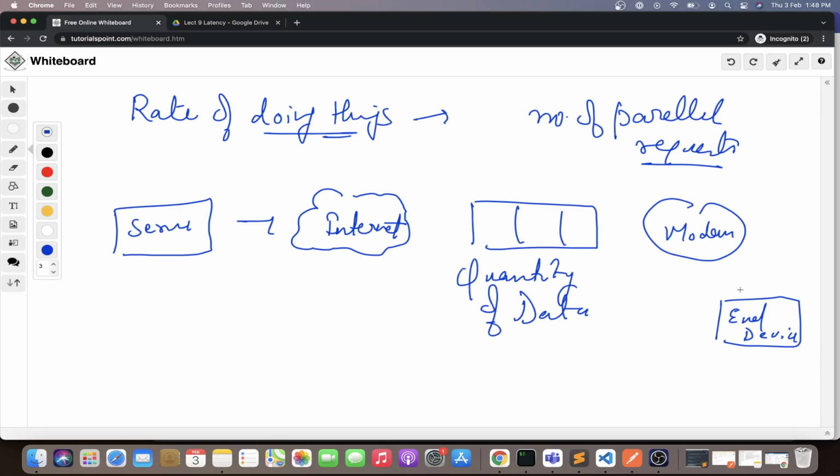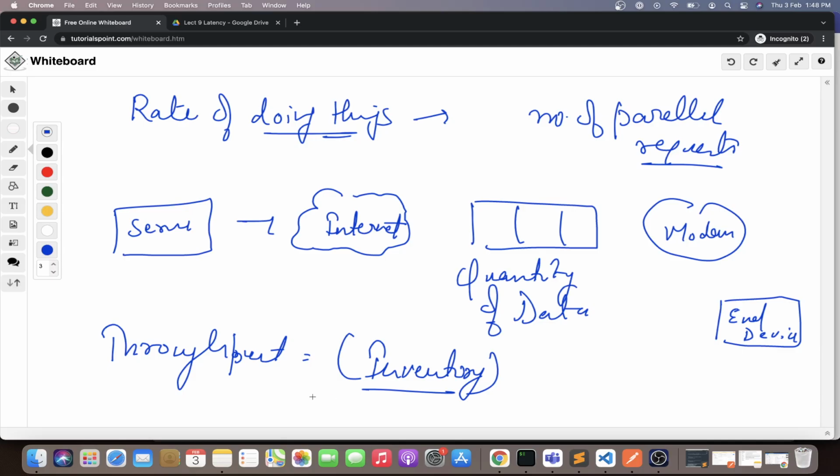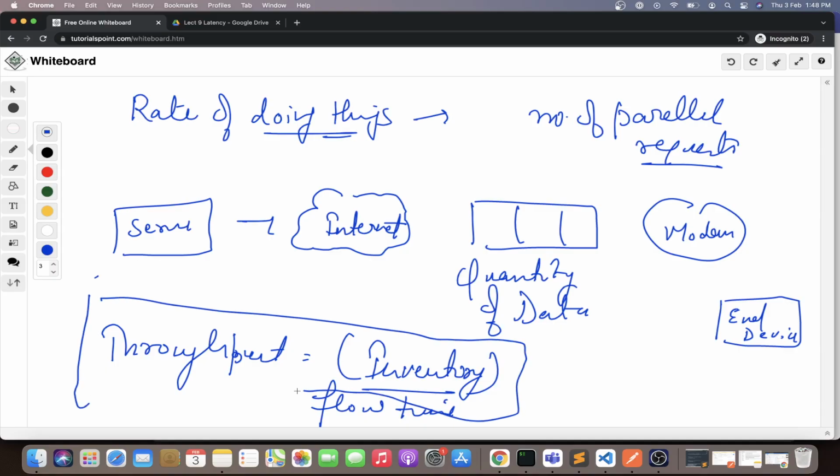The throughput here we can also define as the inventory divided by the flow time. So this way we can derive another formula for throughput.